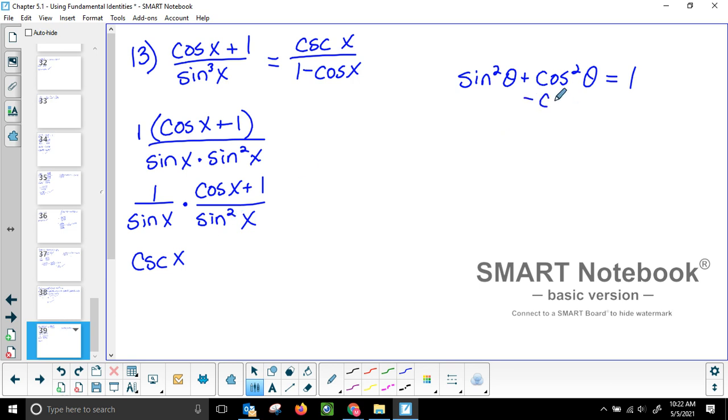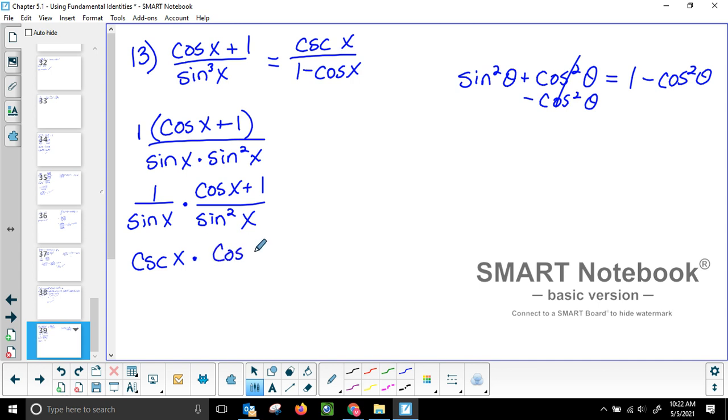Okay, well, let's just subtract cosine squared theta from both sides. All right, again, whenever two things are equal in mathematics, they are completely interchangeable. So where I see this sine squared x, I'm going to be allowed to replace it with 1 minus cosine squared x. So I'm going to go ahead and do that.